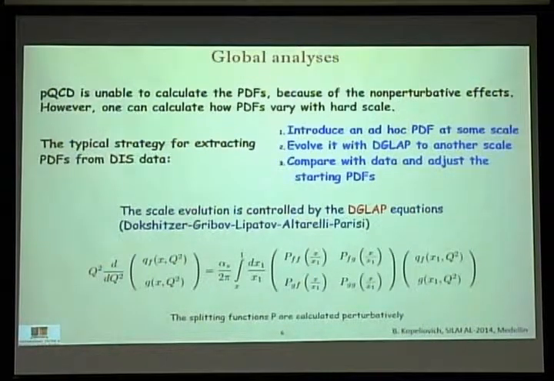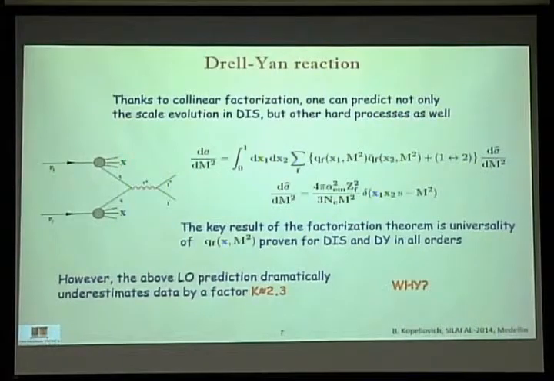And if you did not succeed, you should adjust the initial distribution, change the parameters in a way that you eventually will describe all data at all x and Q squared. And this is how it's done in the literature. So presently we have a pretty good knowledge of F2 as a function of x and Q squared.